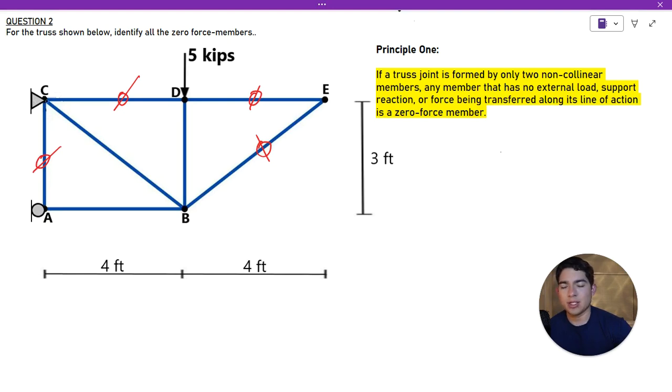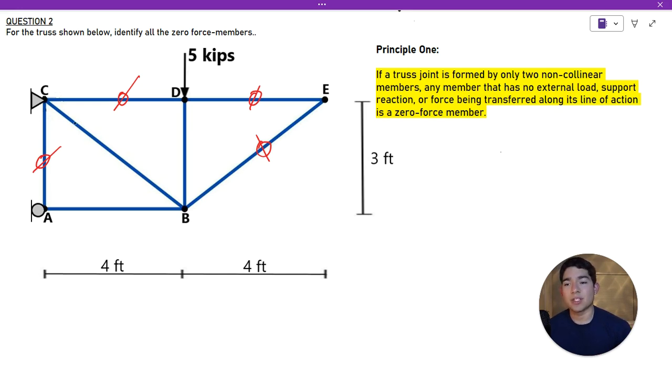In this particular case, as you can see, there is a pin support here, which means it's going to have a horizontal and vertical reaction. However, this diagonal member is going to take both of those reactions, because remember, a diagonal force is broken down into horizontal and vertical components.